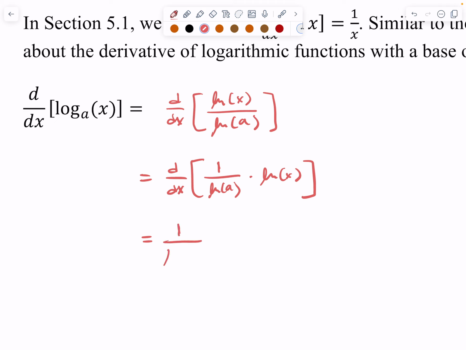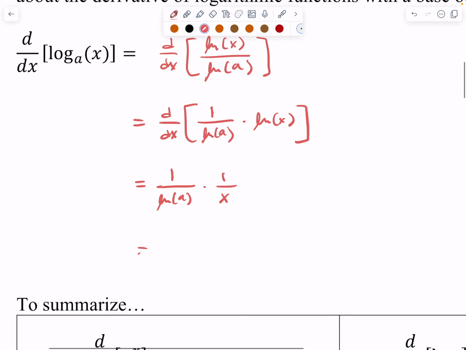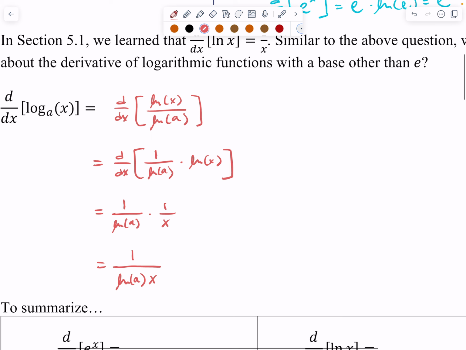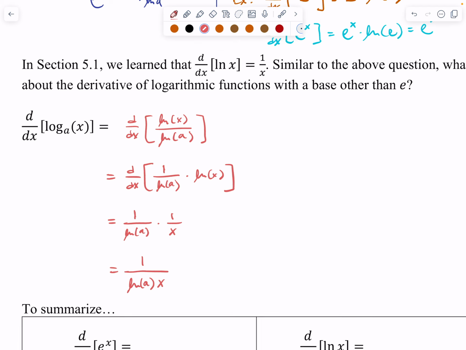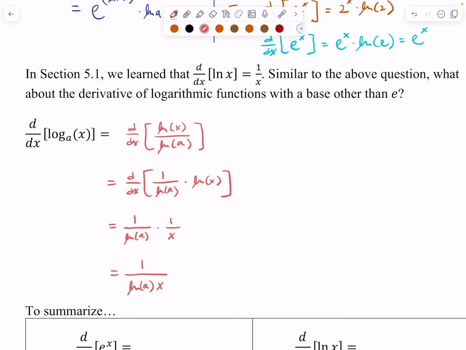So we'd have 1 over ln of a times 1 over x, and that's it. One over ln of a times x would be the derivative of log base a of x.